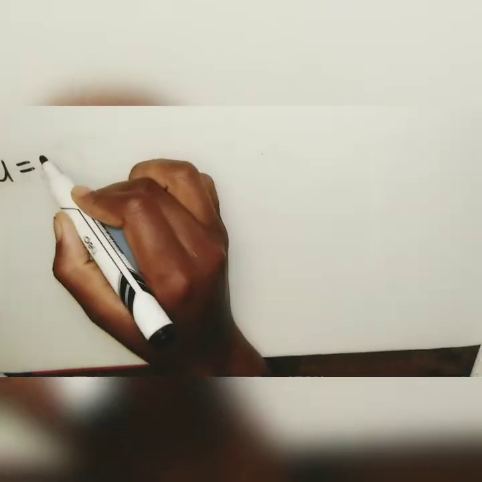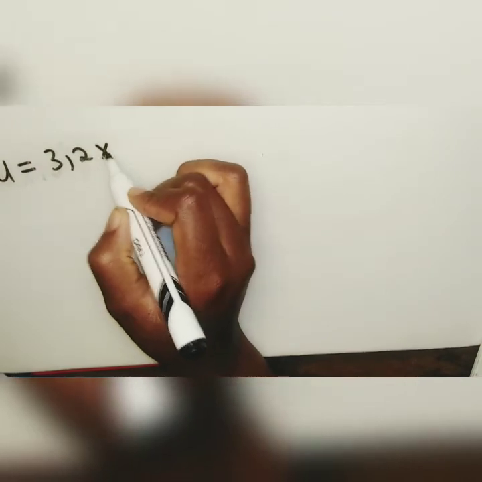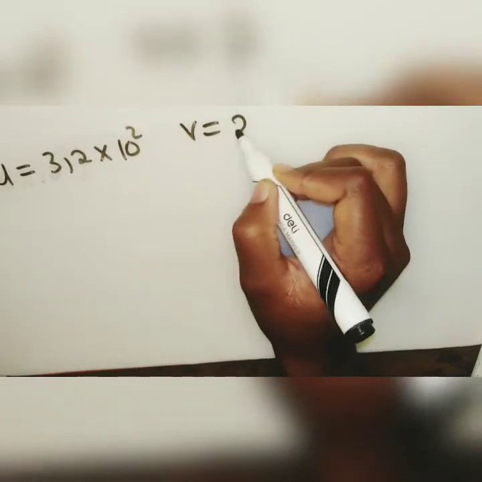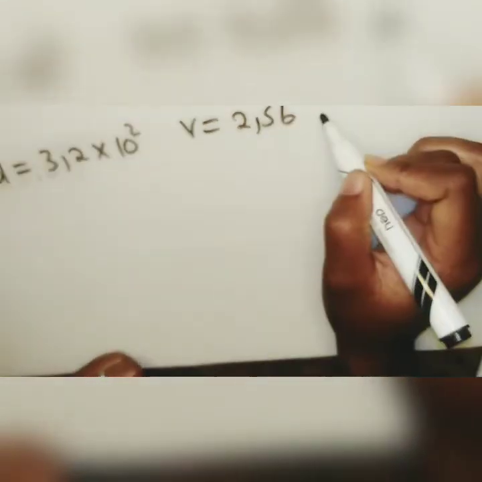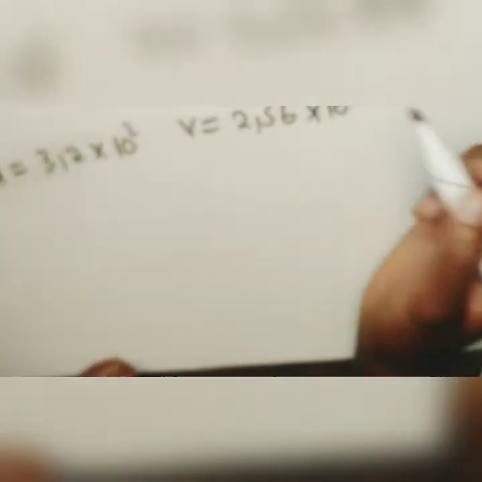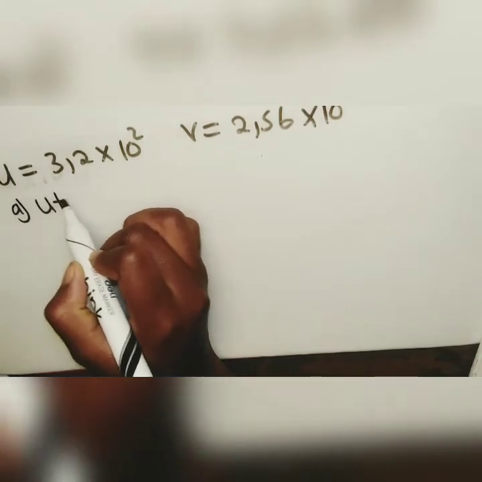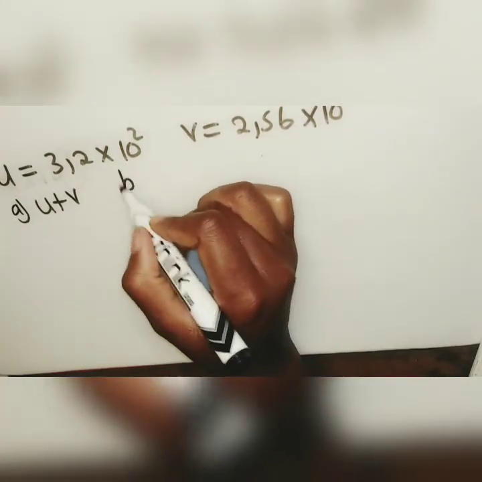We need to do the last question, which says we are told u is equal to 3,2 times 10 to the power 2, and v is 2,56 times 10 to the power 1. So now the first part of the question says what's u plus v, and the second part says what's uv.